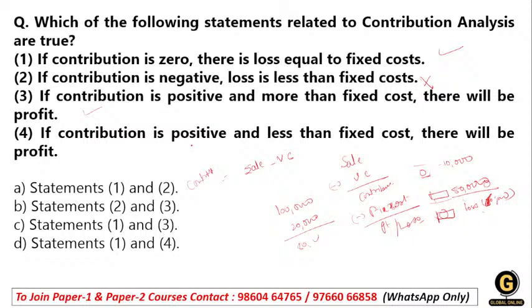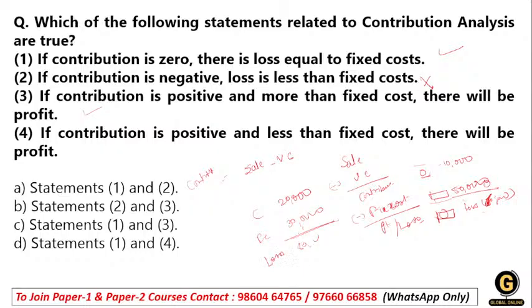Then if the contribution is positive but less than the fixed cost, suppose your contribution is 20,000 and your fixed cost is 30,000. So will there be profit?